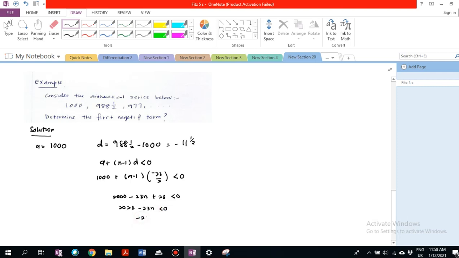So you get negative 23n is below negative 2023. So here you will get n should be bigger than 87.95, or we can say n is equal to 88. This is the value of the first negative term.